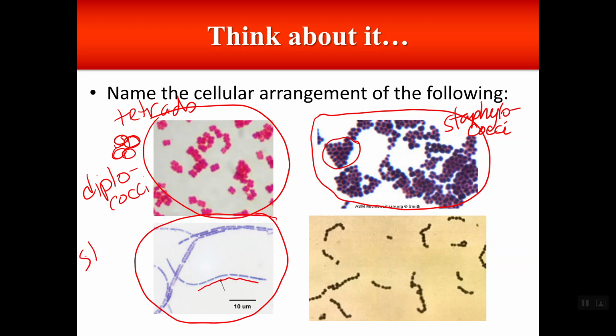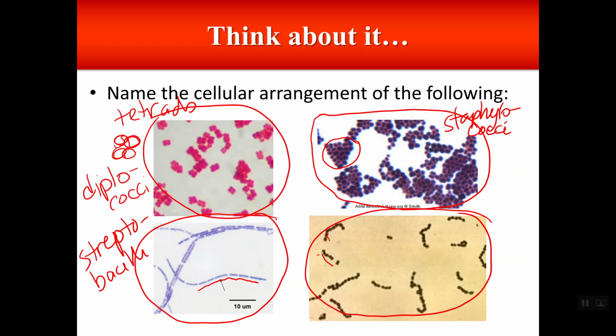So those would be Strepto, and rods are Bacilli. And then here we have chains again, albeit they're not as straight and nice as these rods, but they are chains. So those would be best described as Streptococci.